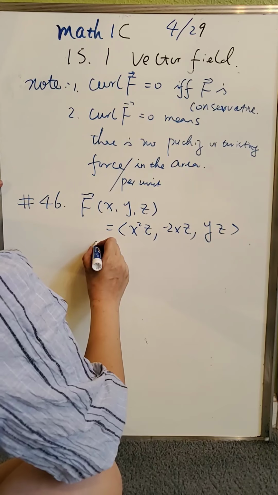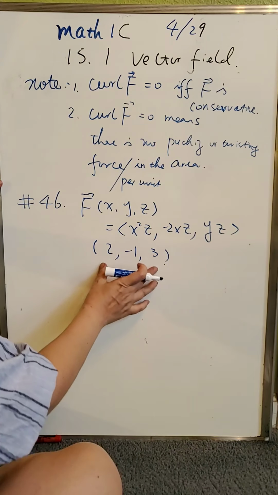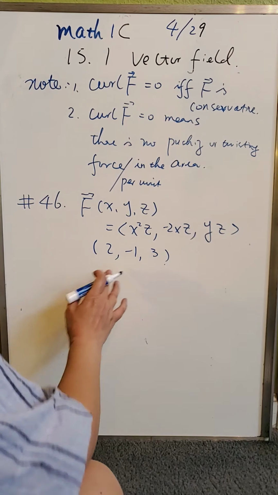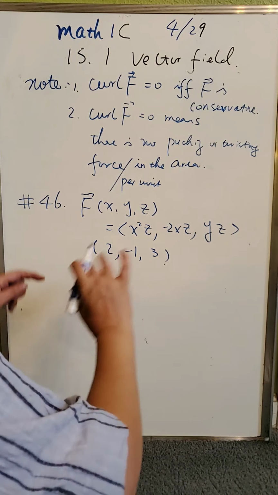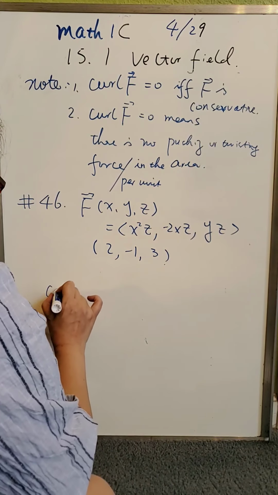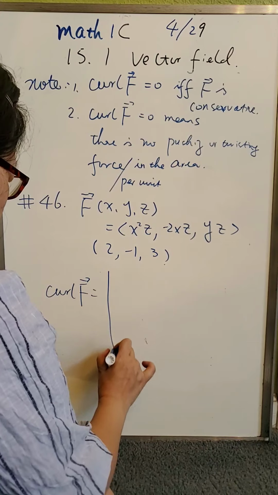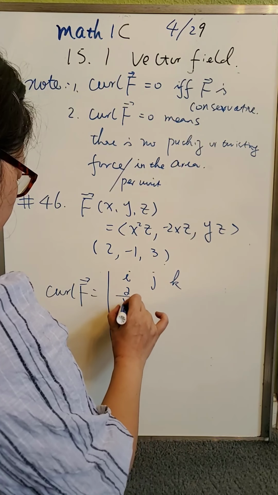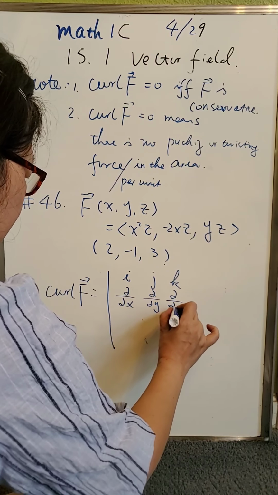They want to find, at the point (2, negative 1, 3), whether it is conservative or not. That means whether the curl equals 0 or not. Remember, it's per unit area, just at this point; at other points it may be different. Because this is 3 dimensions, we use the curl equal to the determinant of i, j, k, del x, del y, and then del z.